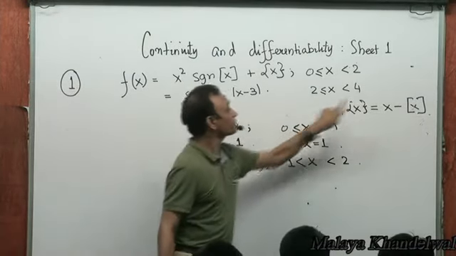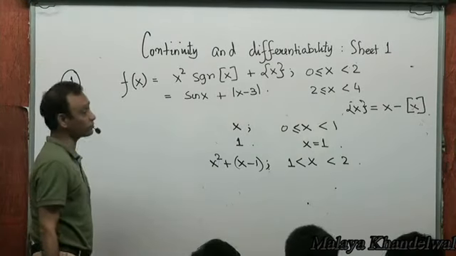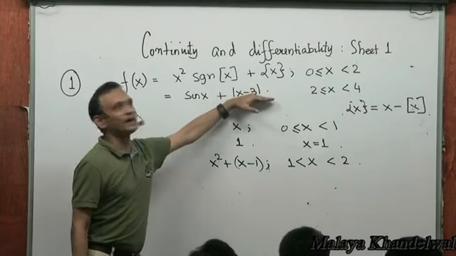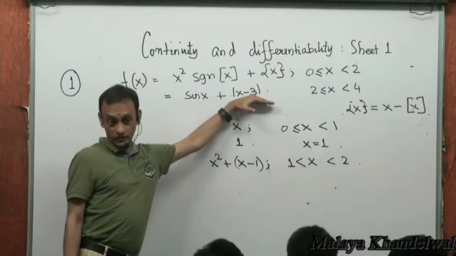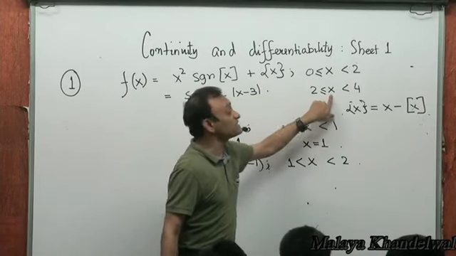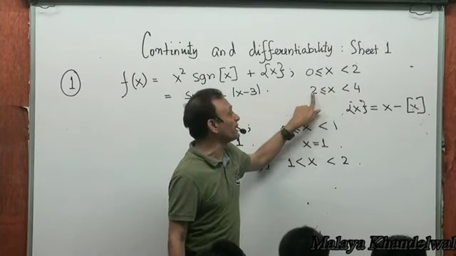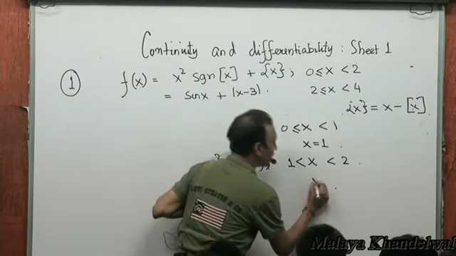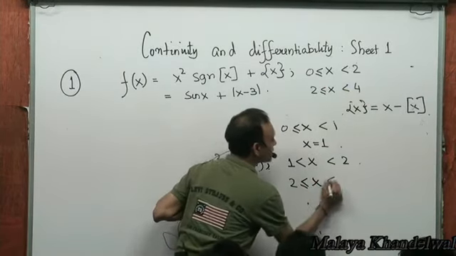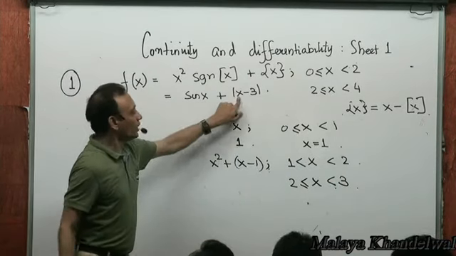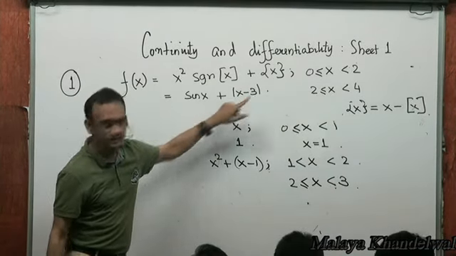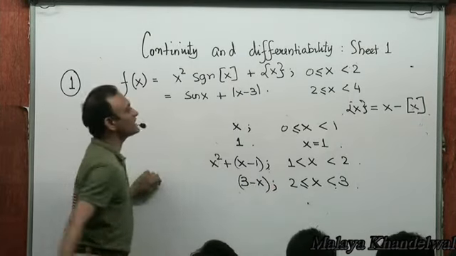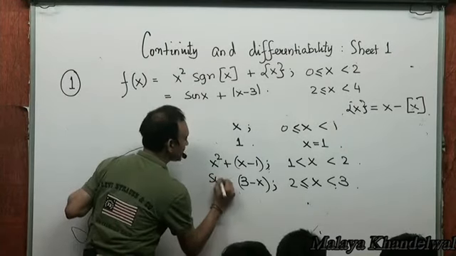Now look at this. X greater than or equal to 2 but less than 4. Sin x doesn't change behavior anywhere, but mod x minus 3 changes behavior at x equal to 3. So x equal to 3 would be a node, and you would want to break this into 2 to 3 and 3 to 4. For x greater than or equal to 2 but less than 3, mod x minus 3 would be 3 minus x, because x is less than 3, and sin x would be sin x itself.